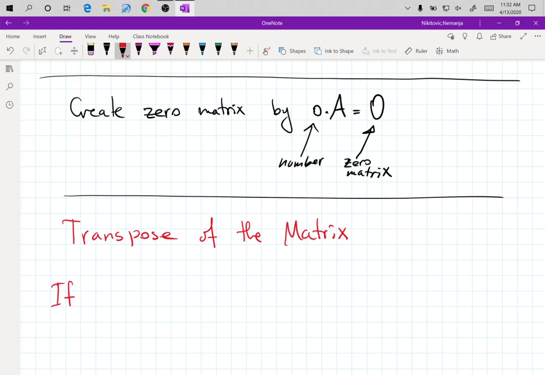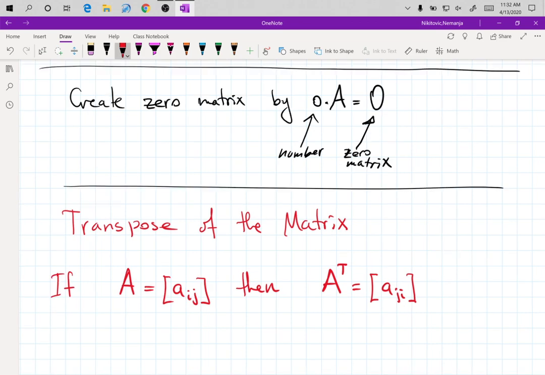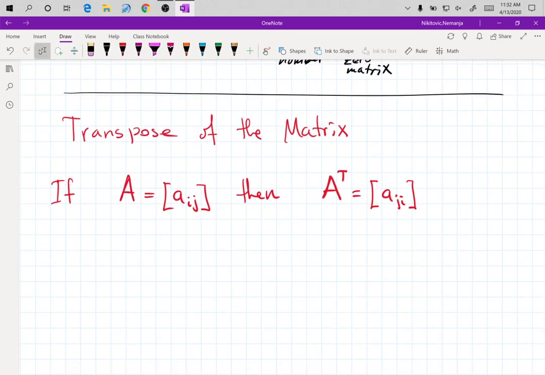If matrix A is given as A sub ij, then A transpose, so you put this capital T like an exponent, A transpose is going to be A sub ji.